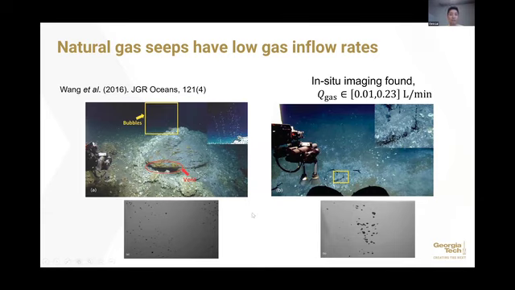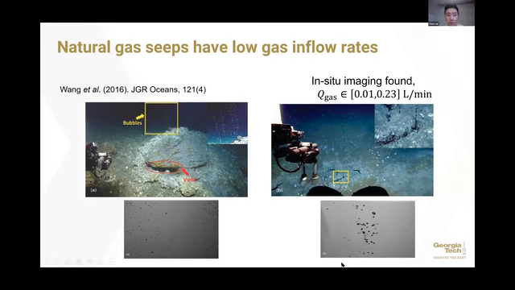In this experiment, we put down an ROV with a stereoscopic imaging system to take pictures of the rising methane bubbles, and you can see them in this grayscale image here.